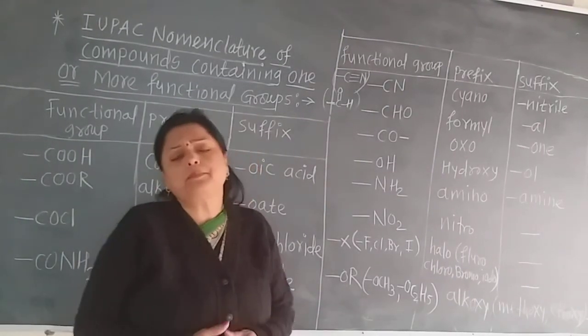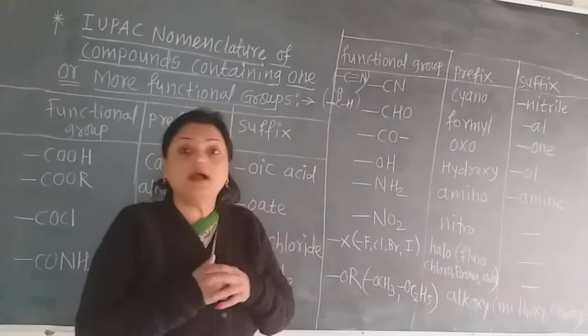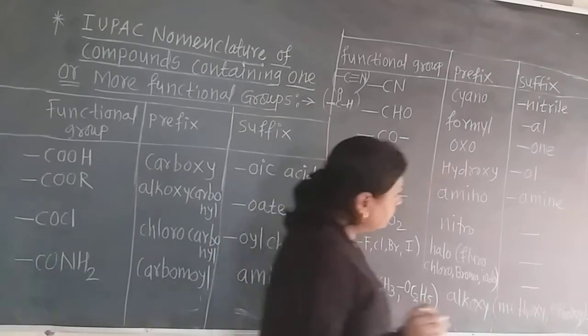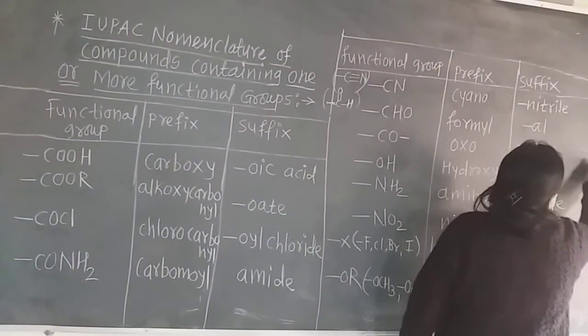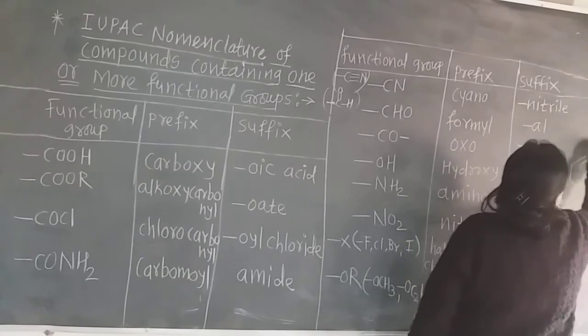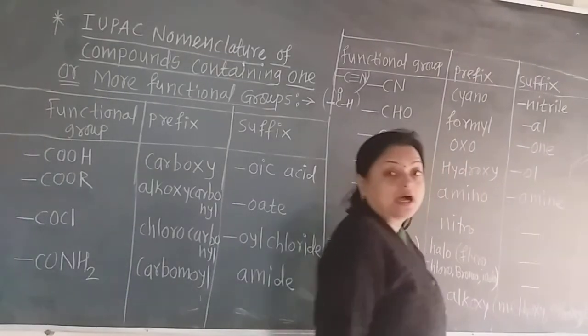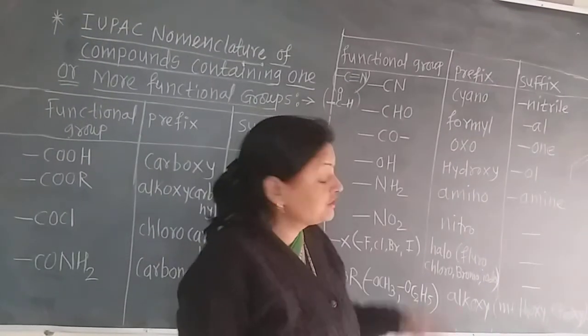Now, for example, when the formyl prefix is used for the aldehyde group, suppose there is an aromatic compound, benzoic acid, with a formyl group also on it. Then how is the nomenclature given?